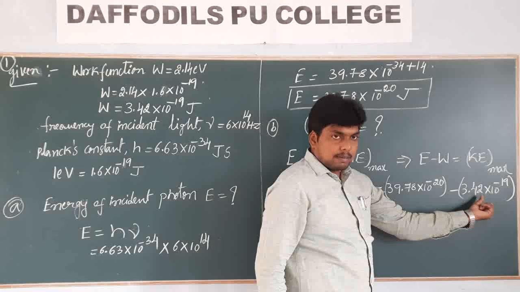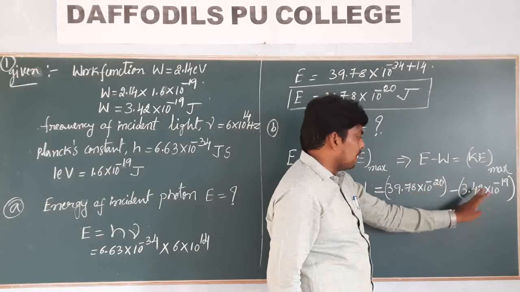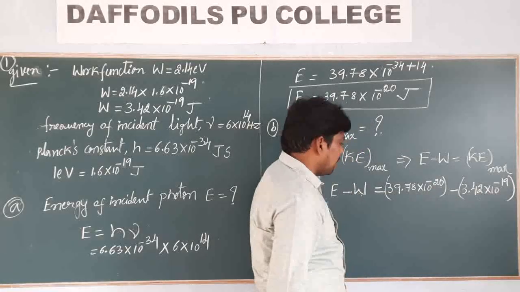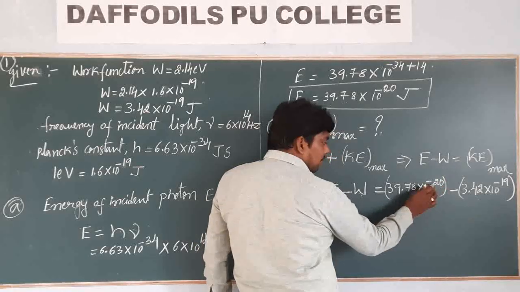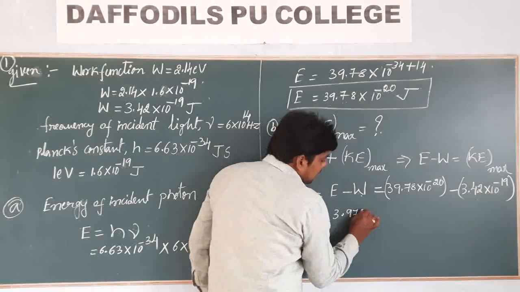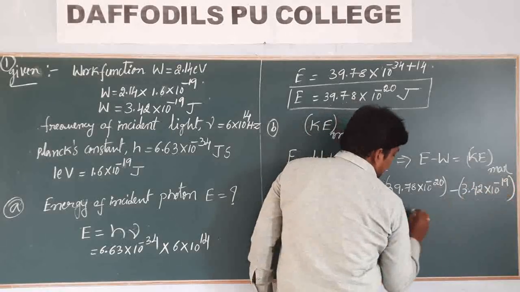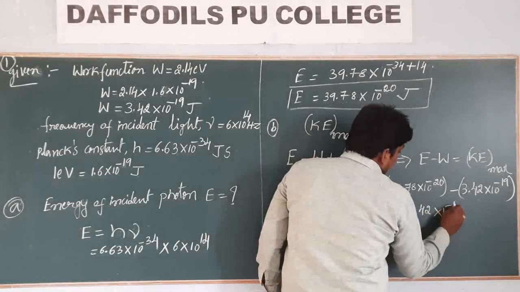Directly you cannot subtract. So first we have to make the two terms in the same power. Here 10 to the power minus 19 is there. Convert this one also in terms of minus 19. If you reduce the 10 to the power minus 1, the term will be 3.978 into 10 to the power minus 19 minus 3.42 into 10 to the power minus 19.